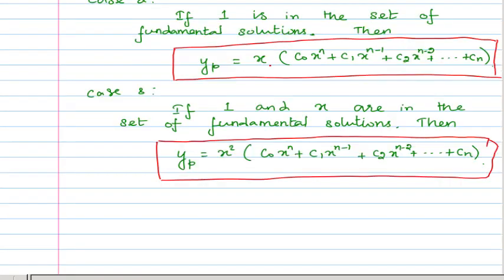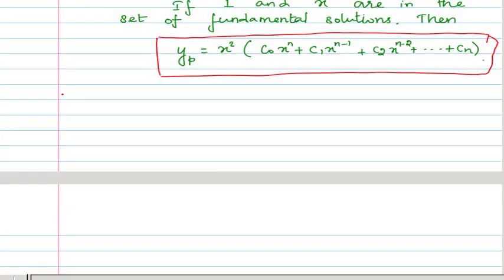Now we are going to see a few examples of how to solve differential equations with a polynomial function on the right-hand side. See the example: y double prime plus y equal to 32 times x cube.